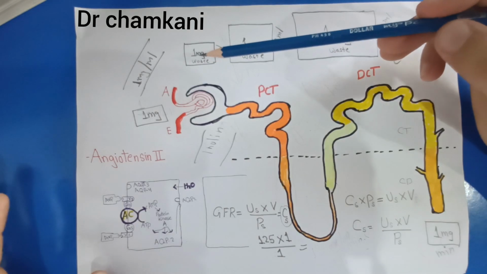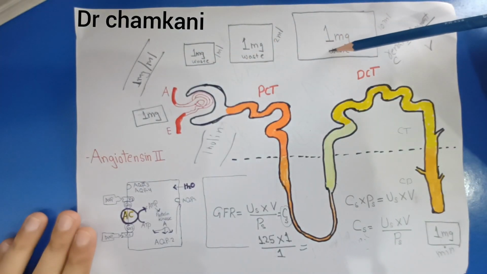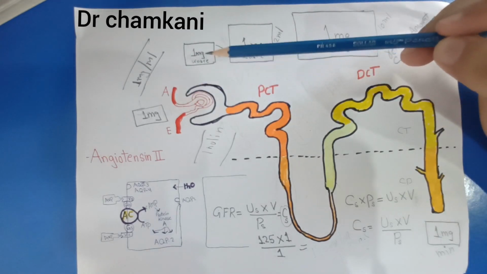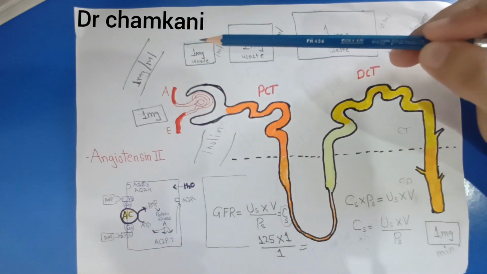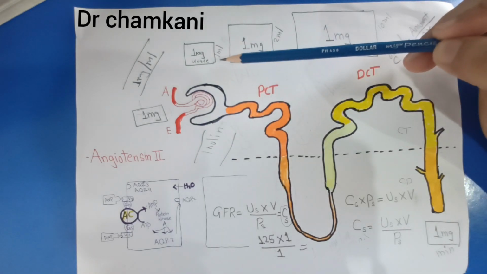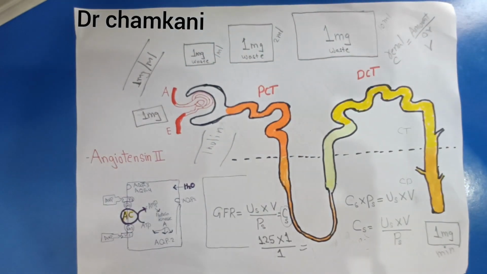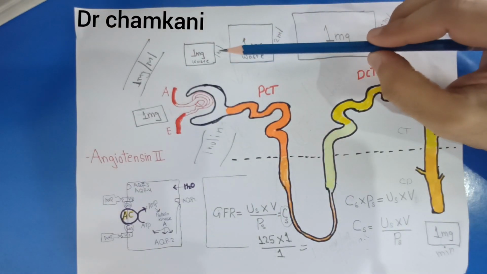We have taken the example of 1 milligram of waste. It is the same amount each time, but the volume of plasma that needs to pass through the kidneys is different. Here it is just 1 ml. The kidneys are performing so well that they can very rapidly clean this 1 milligram from just 1 ml of plasma.